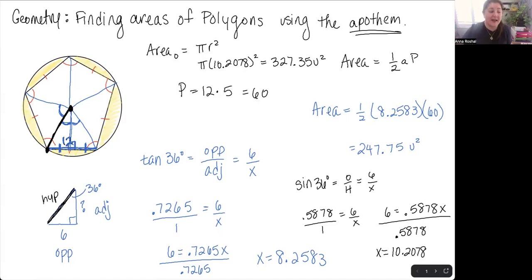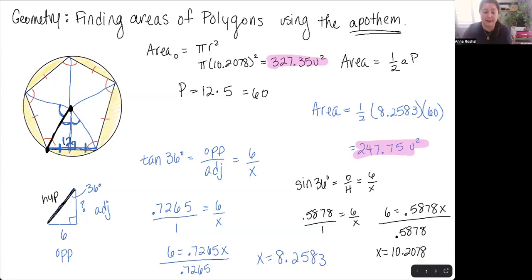Okay, so now my goal is to make sure that I can actually go in and say, hey, this is my area of the entire shape. This is my area of just the pentagon. Now I need the area of the shaded region.